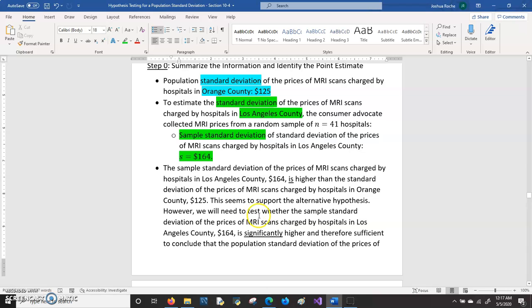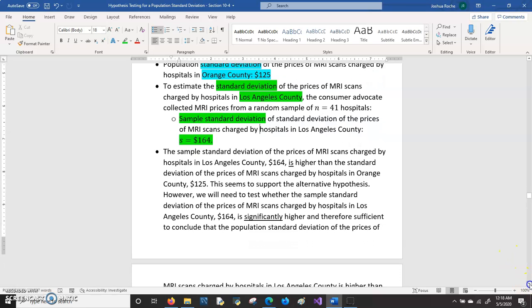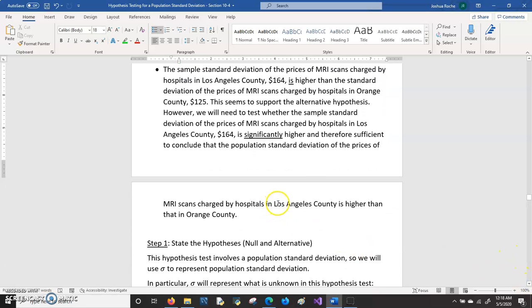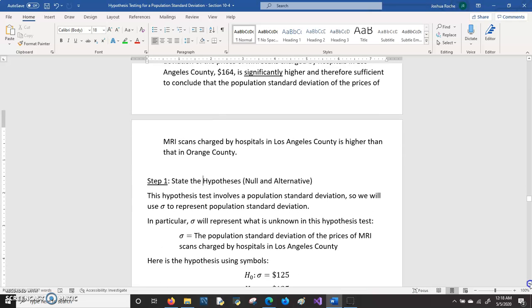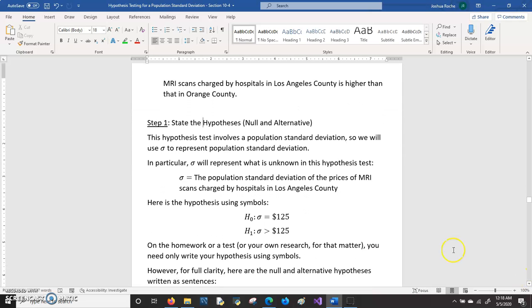However, we will need to test whether the sample standard deviation of the prices of MRI scans at these hospitals in Los Angeles County is significantly higher, and therefore sufficient to conclude that the population standard deviation of the prices in Los Angeles County is in fact higher than those in Orange County. So step one will be to state the hypotheses, the null and the alternative. Again, we're using sigma to represent the population standard deviation.